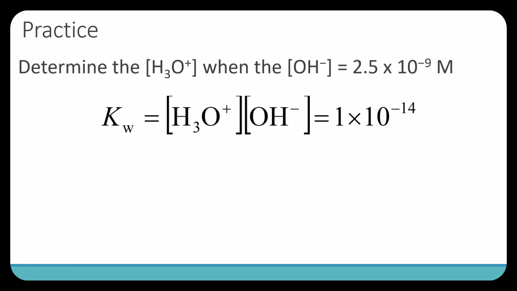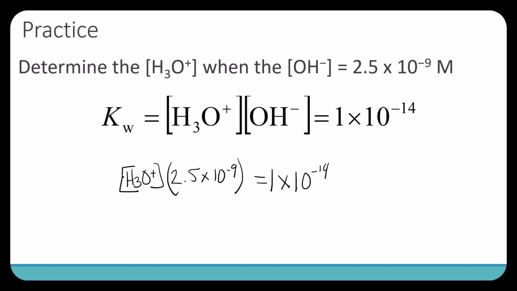All right, so let's plug in our value for hydroxide into this formula and then chug our way through it. So we're solving for hydronium. We're going to plug in our value for hydroxide, 2.5 times 10 to the negative 9th. And that's going to equal the dissociation constant, which is 1.0 times 10 to the negative 14th.